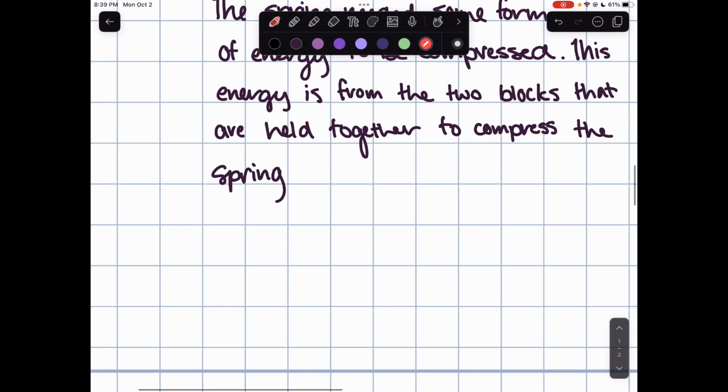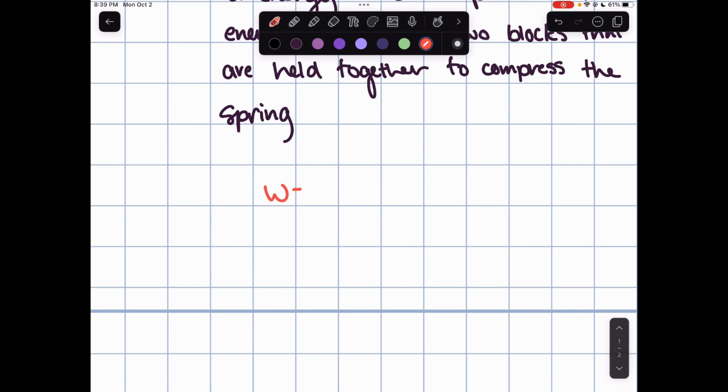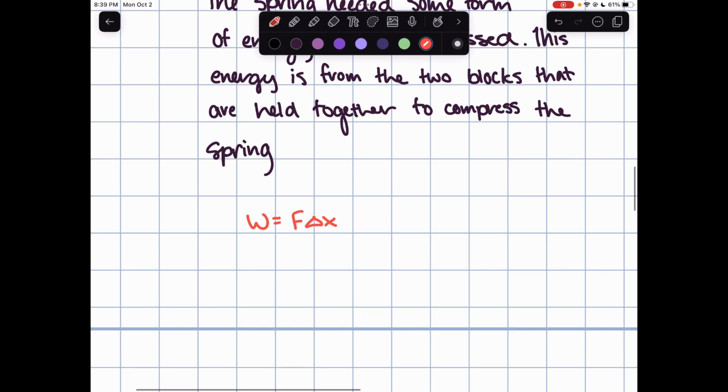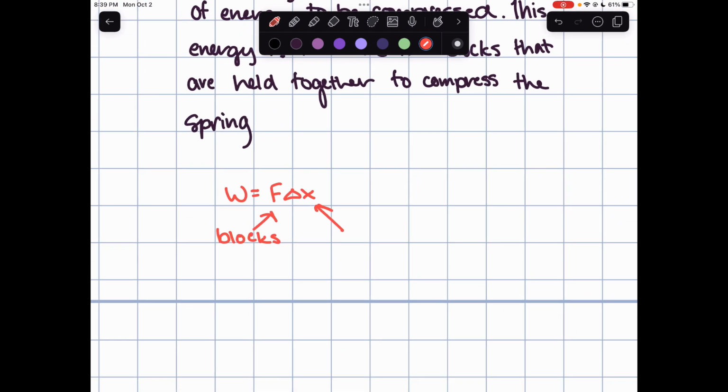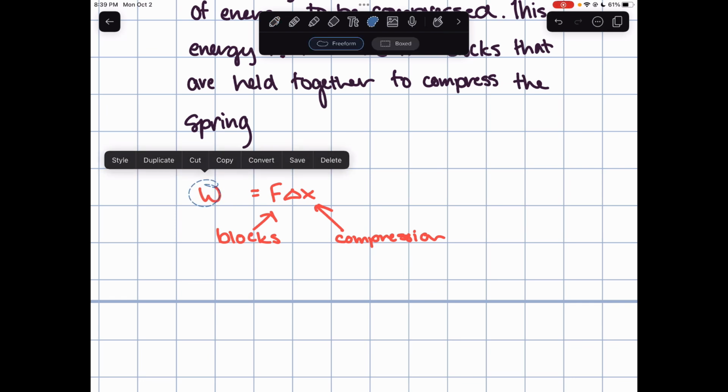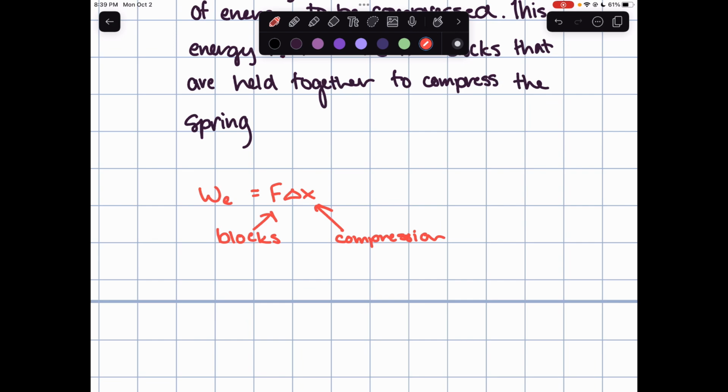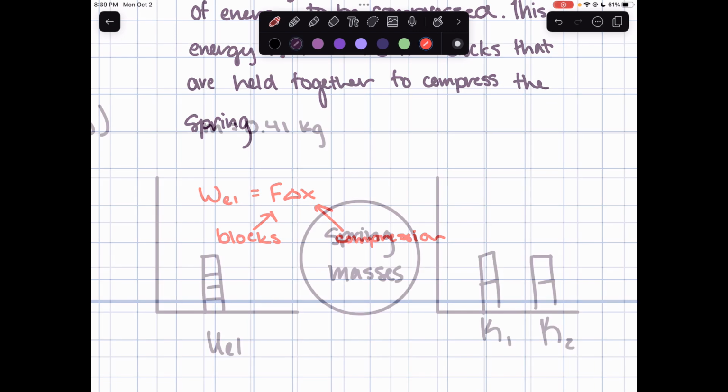We also know that energy is some force over some displacement. So the force is from the blocks, and the displacement is how much the spring is compressed due to this force. So overall, we know that the energy is initially stored elastically.